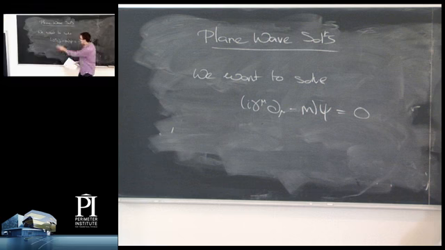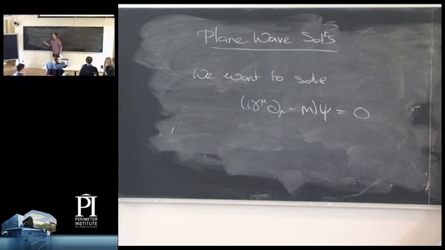There's a way to act on the left here with basically i gamma mu d mu plus m. And if you do that, you find that each individual component of psi solves the Klein-Gordon equation. So I think Malcolm did that calculation with you. Is that right? And usually people say that that's the proof that this is a Lorentz invariant equation.